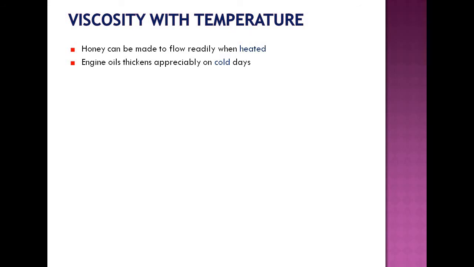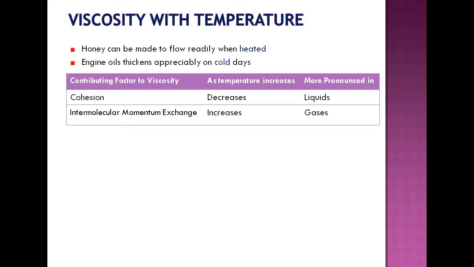Honey can be made to flow readily when heated. That means if you heat honey, it will flow at an easier pace. Engine oils thicken appreciably on cold days. That means during winter seasons, engine oils have more viscosity than at normal temperature conditions. That means as the temperature decreases, engine oil's viscosity increases.